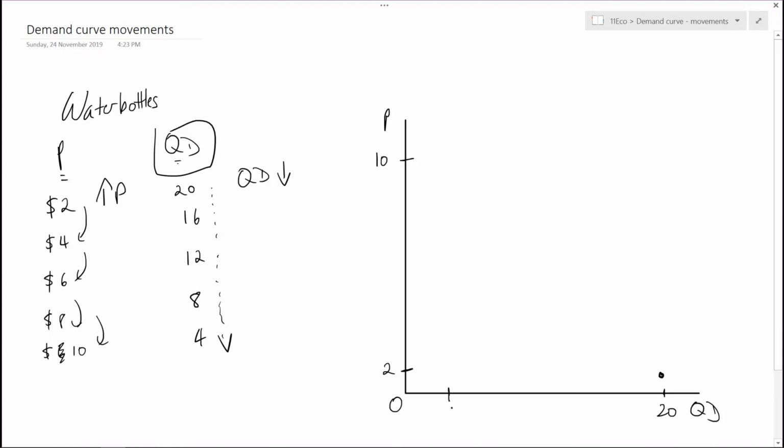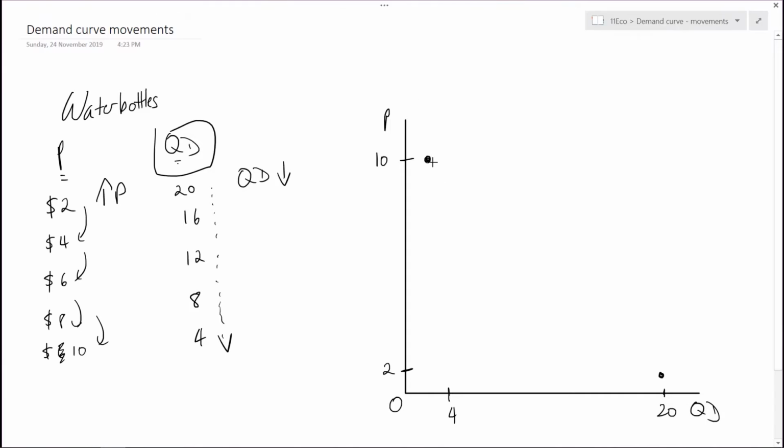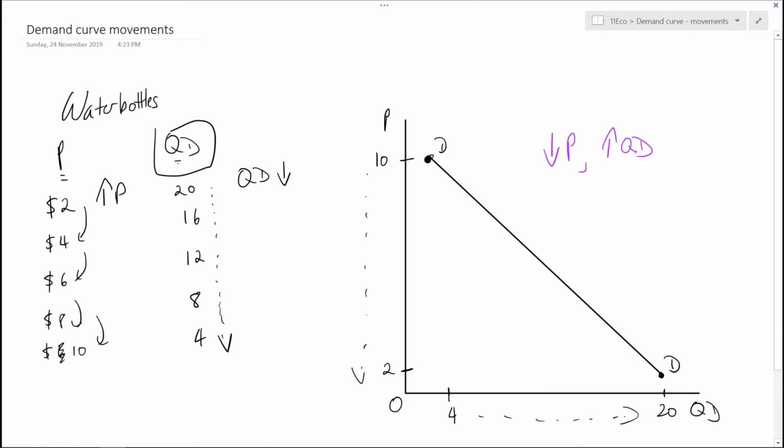So that would be roughly here, and that would be that point there. If we then created the line that goes through all of these points, that's roughly what it would look like. That would be our demand curve that goes through these points. We'd call that D, so that as price falls, quantity demanded will rise. That is the essential relationship that we are showing in this graph.